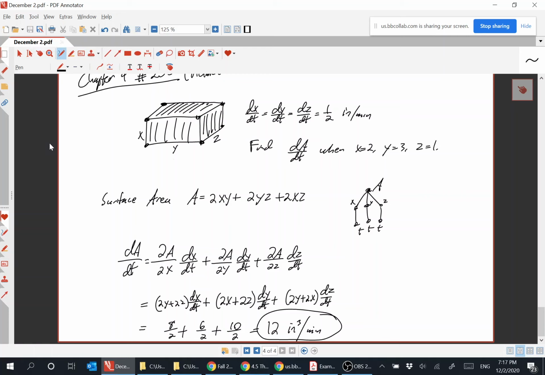All right, so as far as exam 2 goes, let's just leave it at that. Let's say chain rule, max min problems, okay? Is that fair?